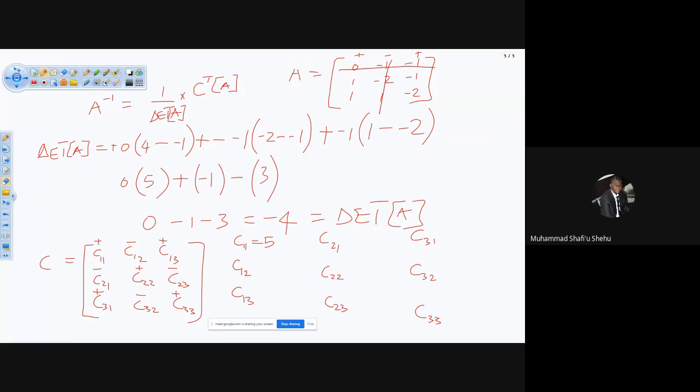So now we are left with minus 2 multiplied by 1, which is minus 2, then minus 1 multiplied by minus 1, which is another minus 1. So minus 2 plus 1 is equal to minus 1. So the answer is -1.